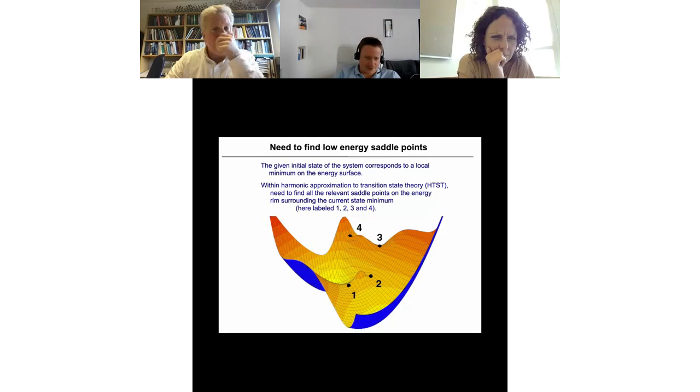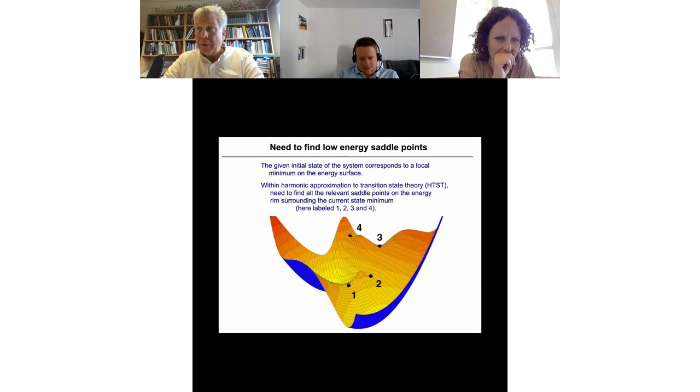When you use ReaxFF, you also get some kind of numerical noise, and likewise with tight binding and so on. Have you ever looked into some kind of correction schemes for noisy potential energy surfaces? Yeah, we've thought about this, but no, we really haven't done anything.